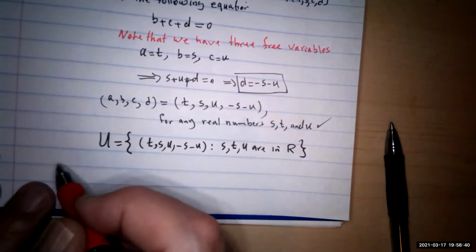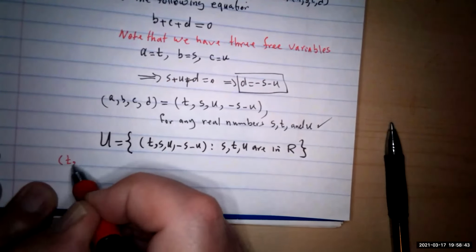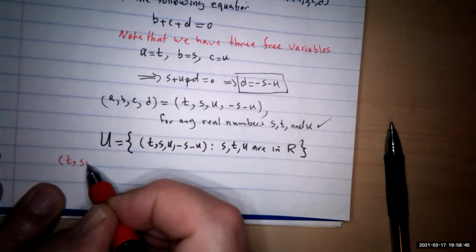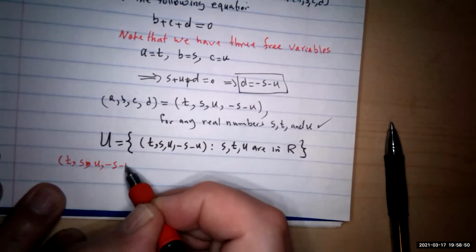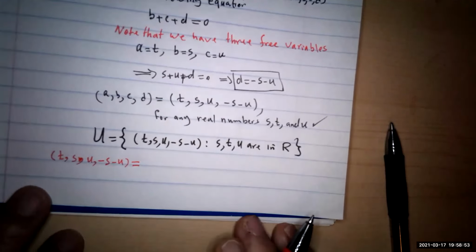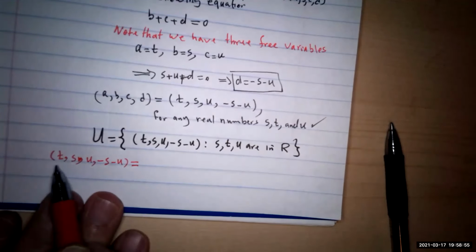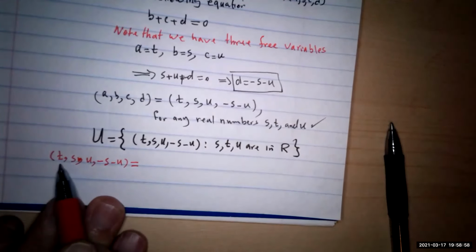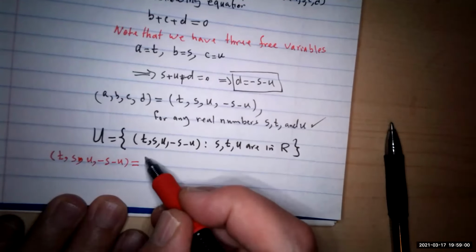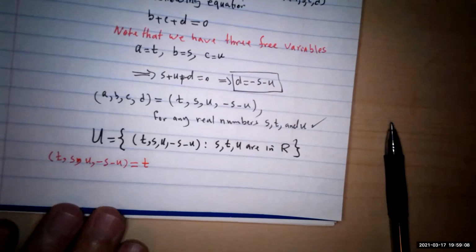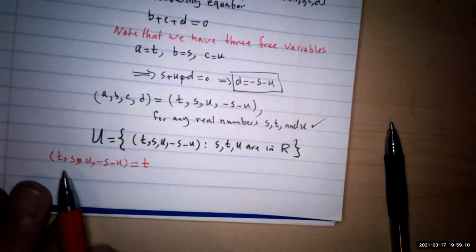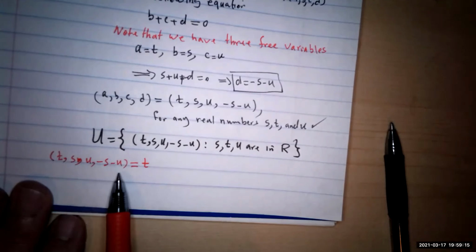This is my method. I have (T, S, U, negative T minus S minus U). I'm going to write it as a linear combination of some easy vectors. The way we are going to do it, we start with the variable T, so you pull out the T. This means you like the T, but you don't like any other one.